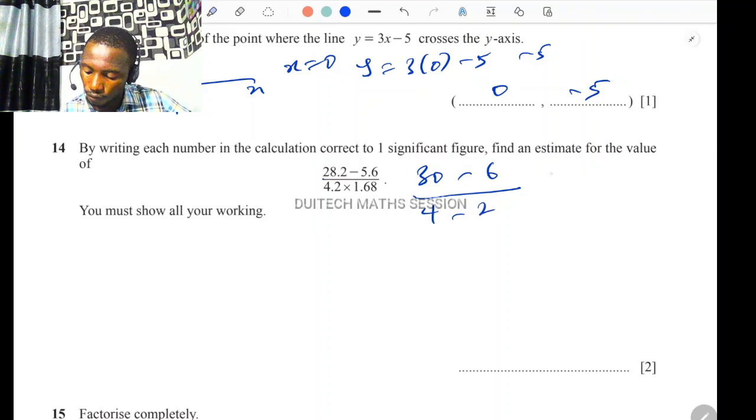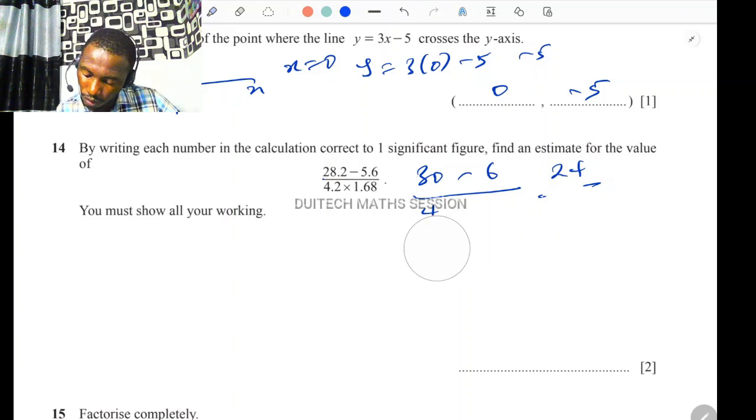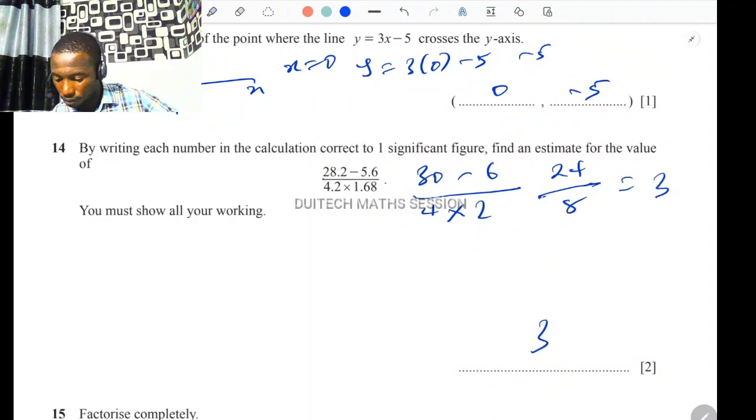So here we have 24 over 2, right? Yes, 24 over 2. Okay, times, sorry, not minus. It is supposed to be 4 times 2. So we have 24 over 8, and that will give us 3. So the answer is 3.